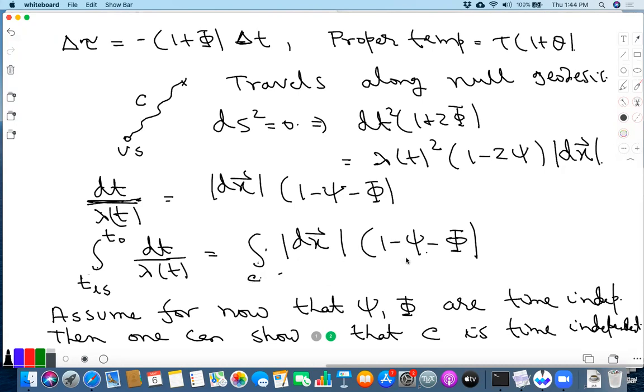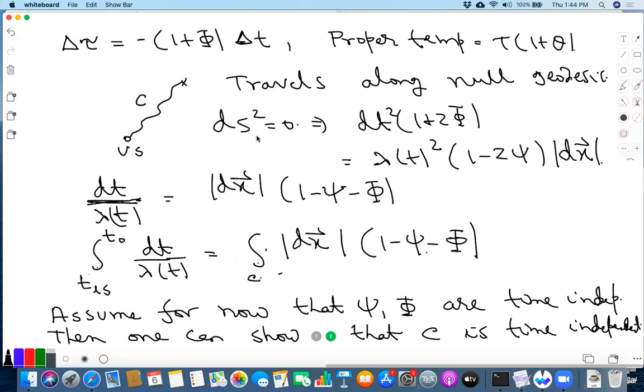Are there questions? The path being time independent means in the x coordinate system, forget about the time, on the spatial slice in this coordinate system, this path doesn't change as a function of time.